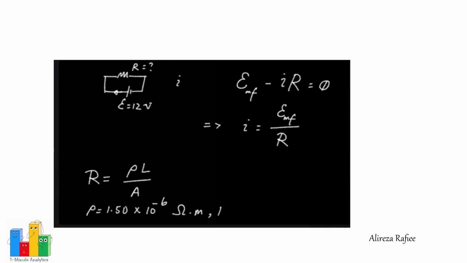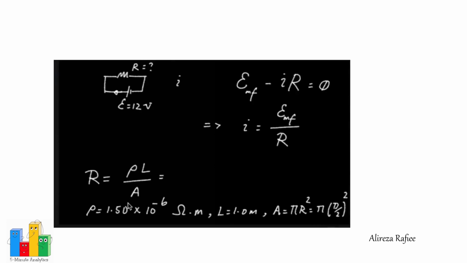The length of the wire here is 1 meter. And the cross-section area is a disk, so it would be pi r squared. I have the diameter, so I can calculate the radius, or I can directly say it's pi times diameter divided by 2 to the power of 2.